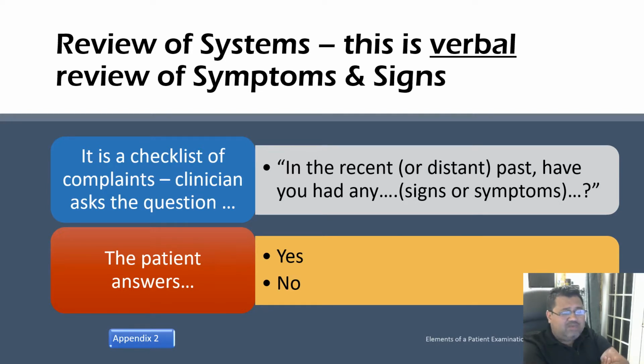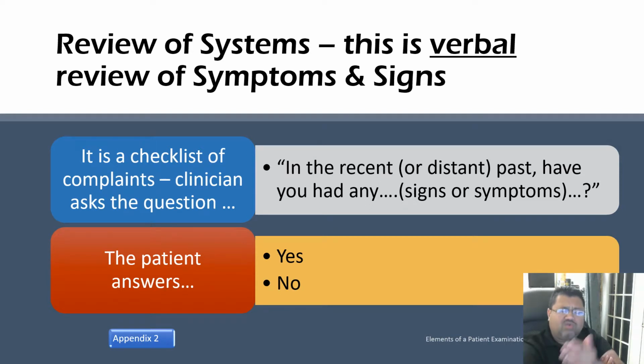For example, in head, eyes, ears, nose, and throat symptoms, do you have any difficulty with vision? Do you see color all right? Do you have any difficulty with hearing? Do you have any difficulty with smell? These are questions for the head, eyes, ears, nose, and throat system.